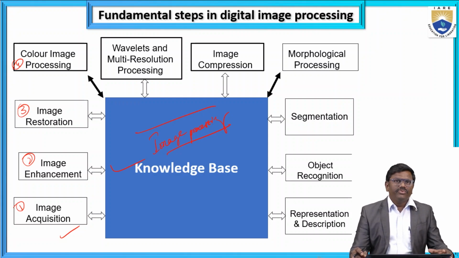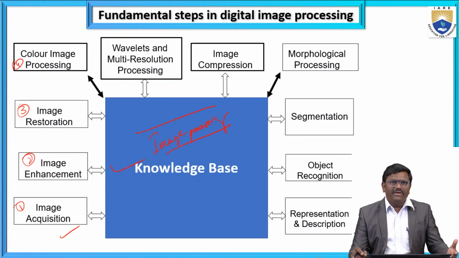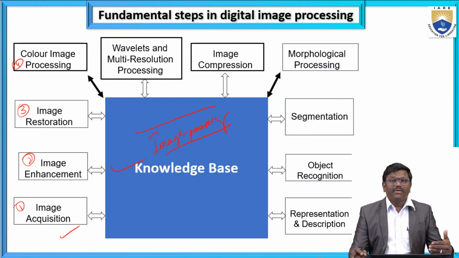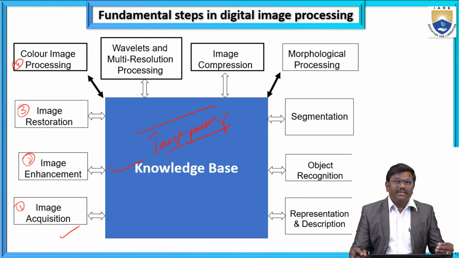And suppose you want to apply some filtering to the image, which we call image restoration. In image restoration, the unwanted information in the image may be removed. The best example is that redundant information will be removed, and we give you the original image as we apply image restoration.